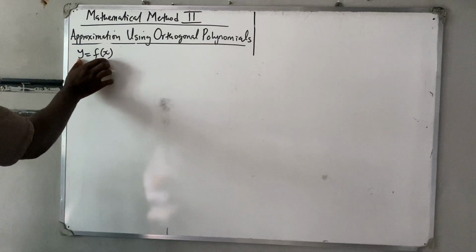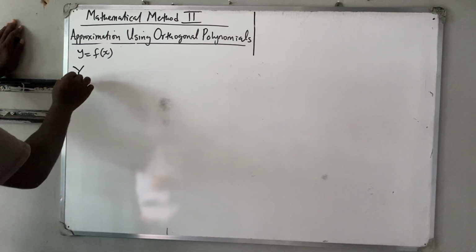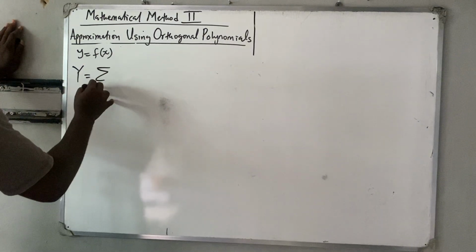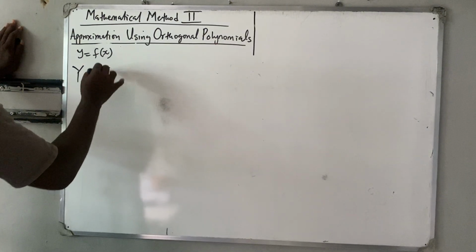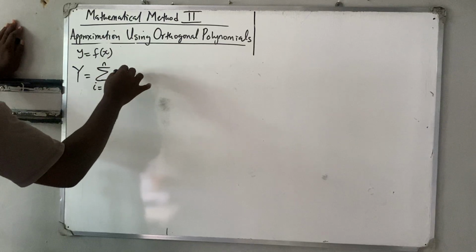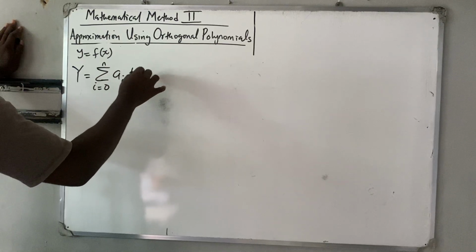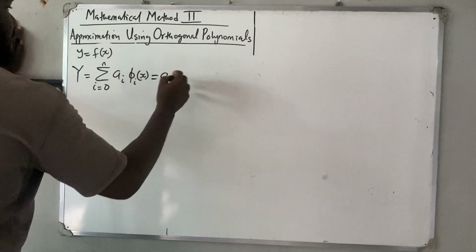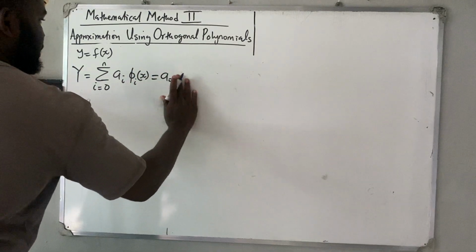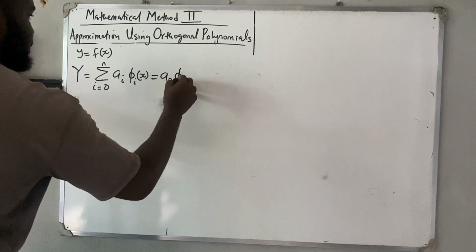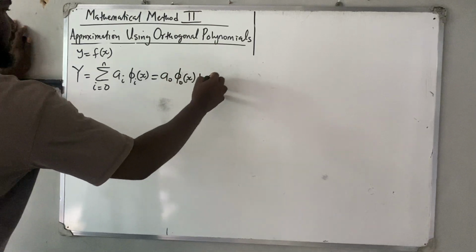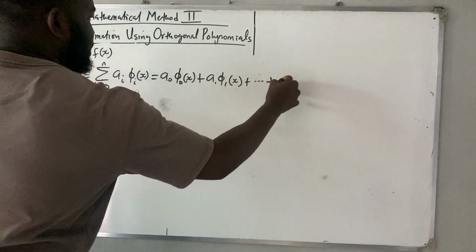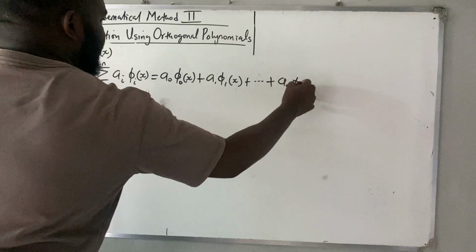That means we want to turn this function into y, which is equal to the summation of i from 0 to n of a_i phi_i of x, which is taken as a_0 phi_0 of x plus a_1 phi_1 of x. It continues that way up to a_n phi_n of x.